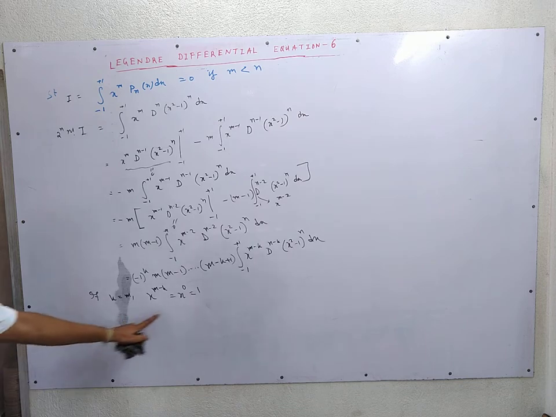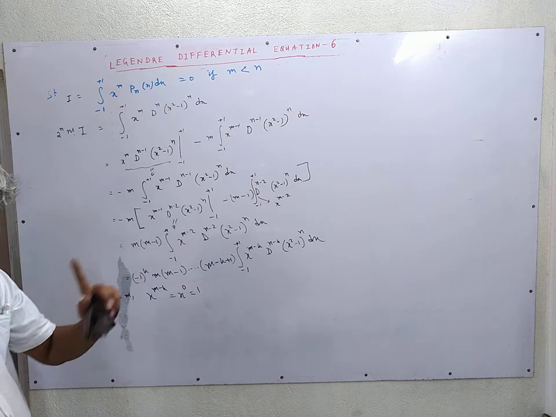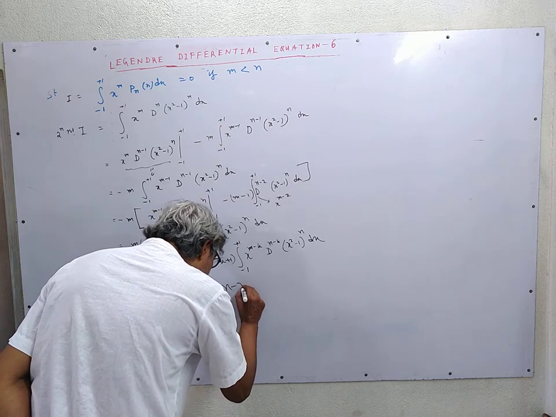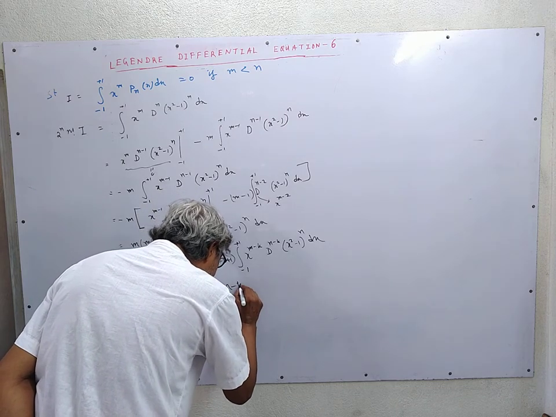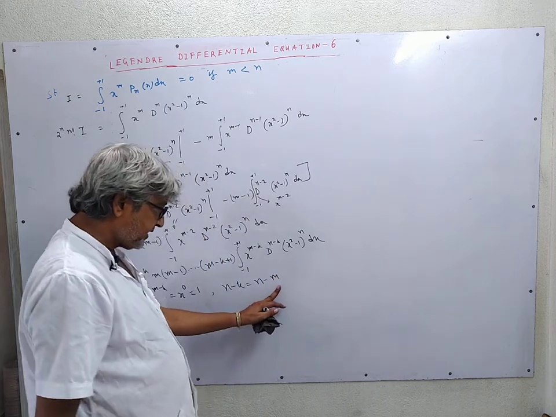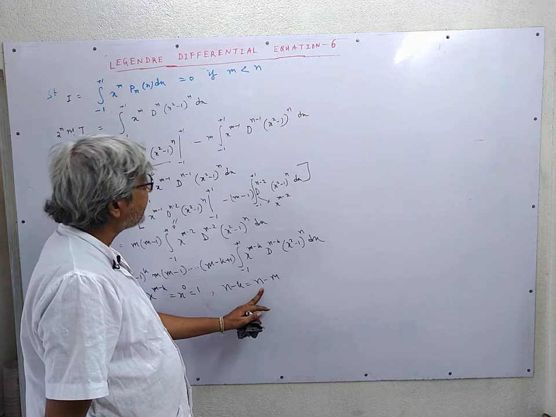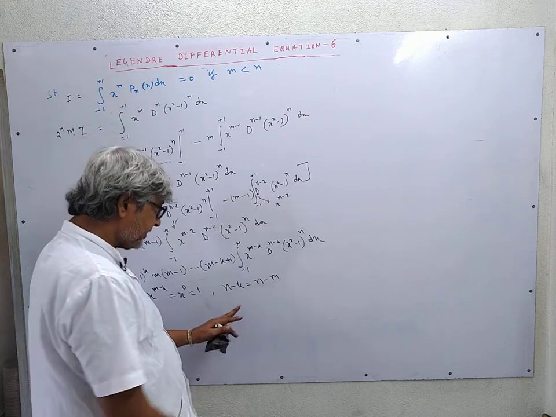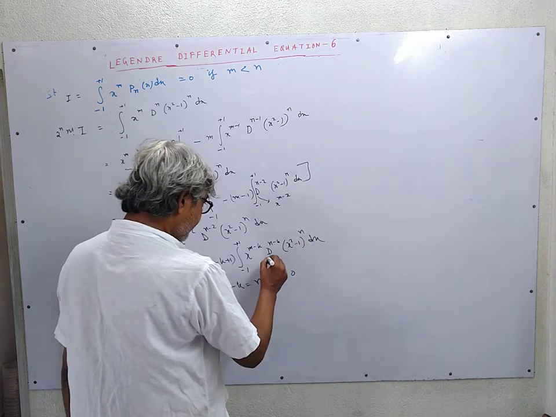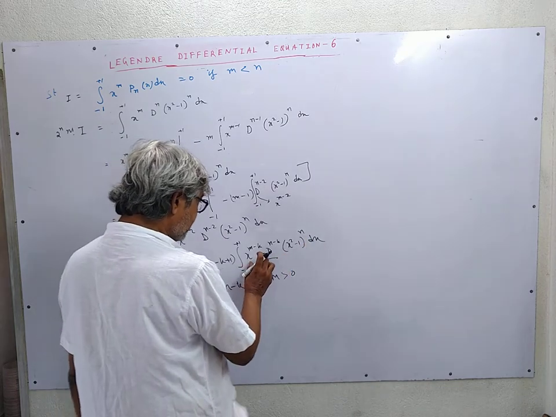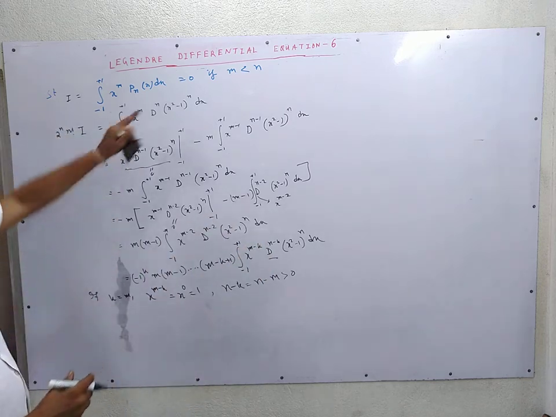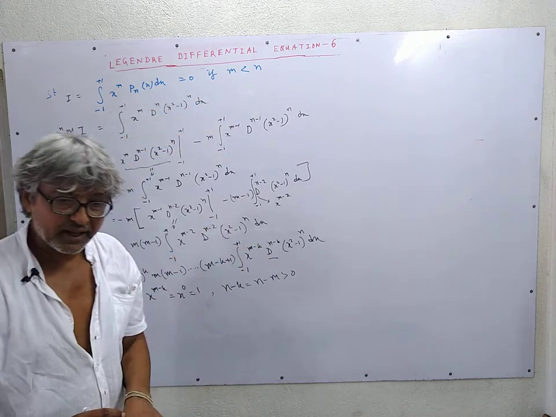Any further differentiation will lead to the 0 value. And what happens to the n minus k part? It is simply n minus m. Since m is less than n, this is a positive quantity, so still the differentiation exists and this part gives you 0, so the result is 0 if m is less than n.